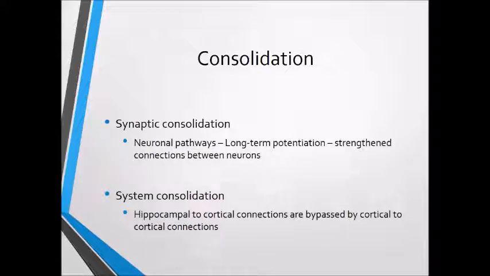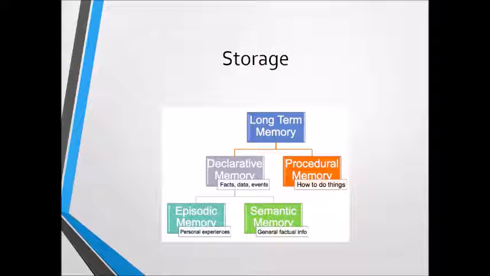And then there's also systemic consolidation, which is where the hippocampus gets bypassed, and it's just, again, based more on the neuronal connections, so that it doesn't have to use as many resources.